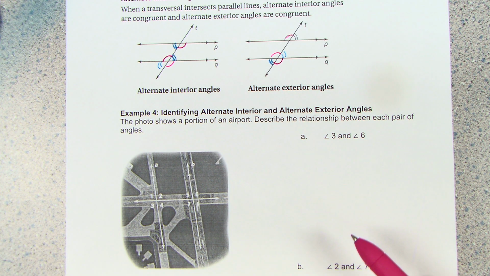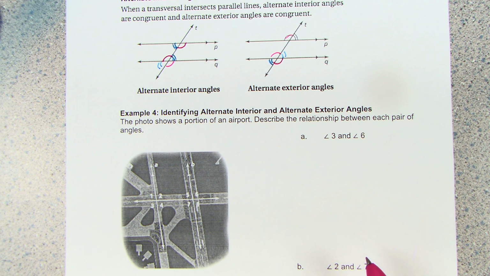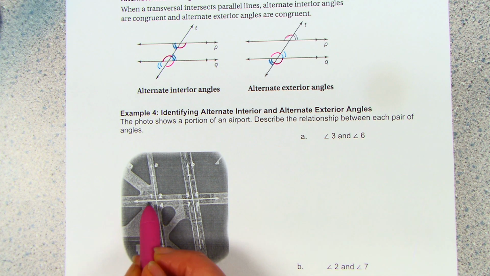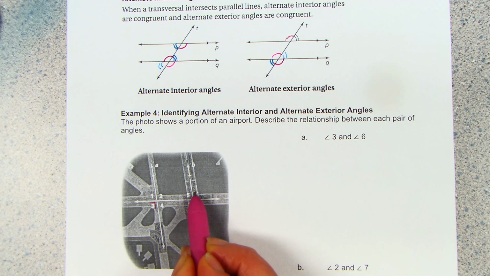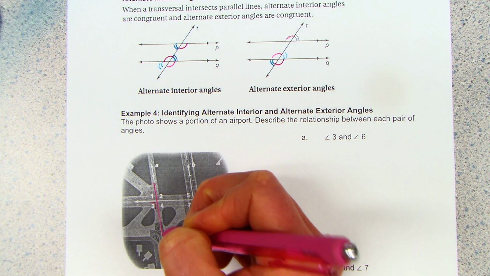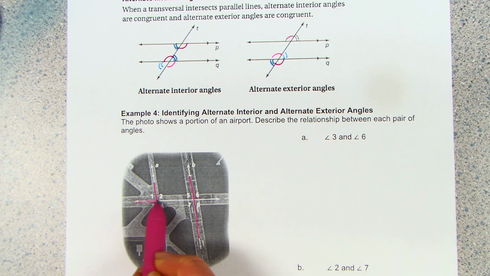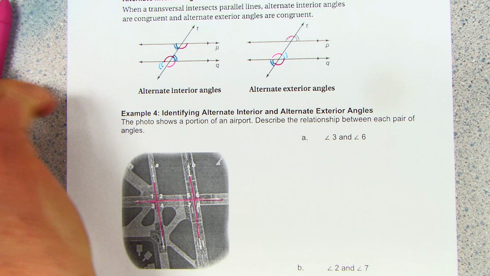So here we have a little portion of an airport. Describe the relationship between each pair of angles. So we're going to look at angle 3 and angle 6. Here's 3, and here is 6. So these are my parallel lines, and they're cut by this transversal. I guess I should use a different color, huh?